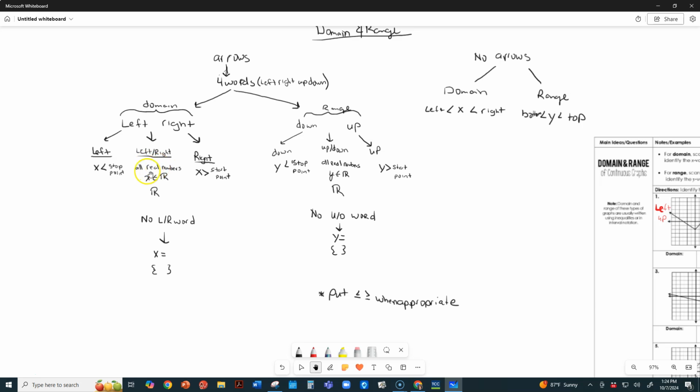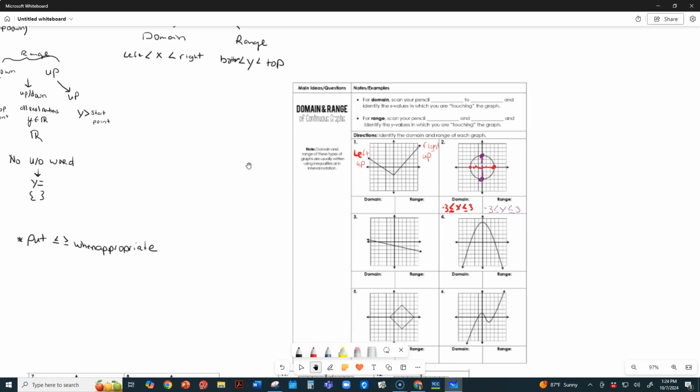So these are just 3 different ways to write it, but anytime you use both the left word and the right word to describe your arrows, it's going to be all real numbers. So over here, my domain is going to be, I like this one, X is an element of the reals.